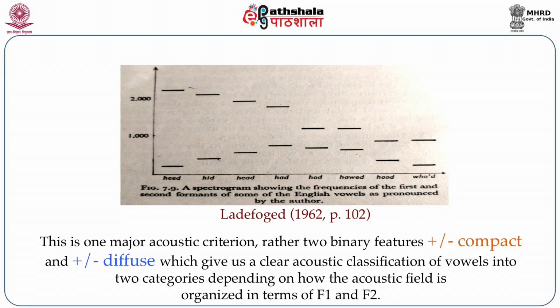So plus minus compact or plus minus diffuse, they give us 2 important acoustic features based on which you can compare the vowels, you can describe the vowels both in articulatory and acoustic terms.